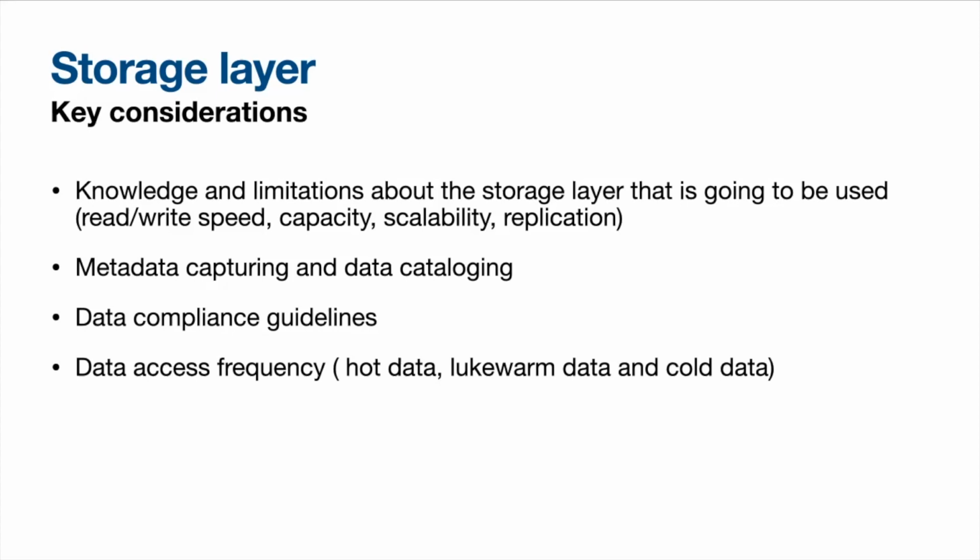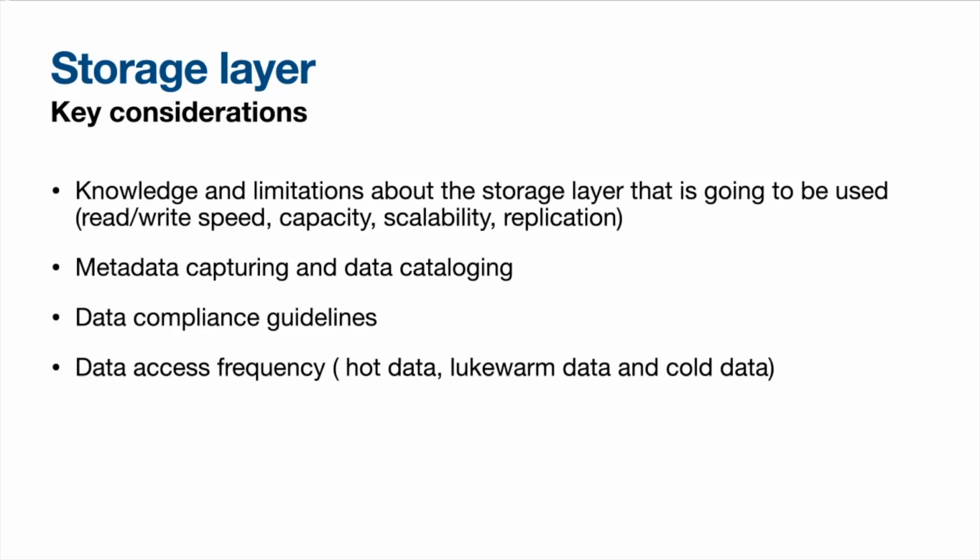And finally, the data access frequency. So if you have worked with cloud services like Microsoft Azure, you might know about hot, lukewarm, and cold data. Storage layers are classified based on the frequency that you are accessing data, based on temperatures. Hot data means that you are accessing that data every day or every hour.